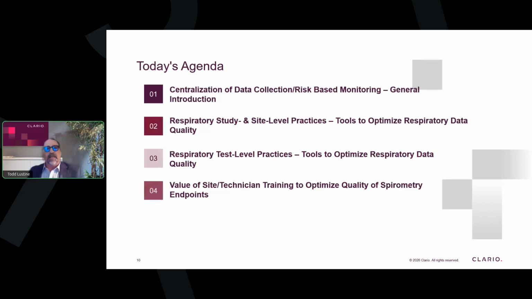Here is today's agenda. I will be opening with a general introduction and discussion of centralization of data collection and risk-based monitoring. I will then turn it over to Phil, where he'll speak a bit about study and site level practices that can optimize data quality in respiratory trials.